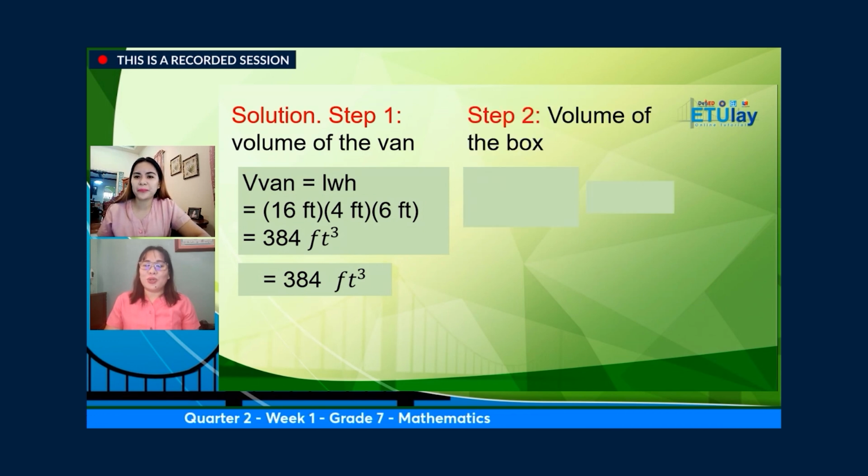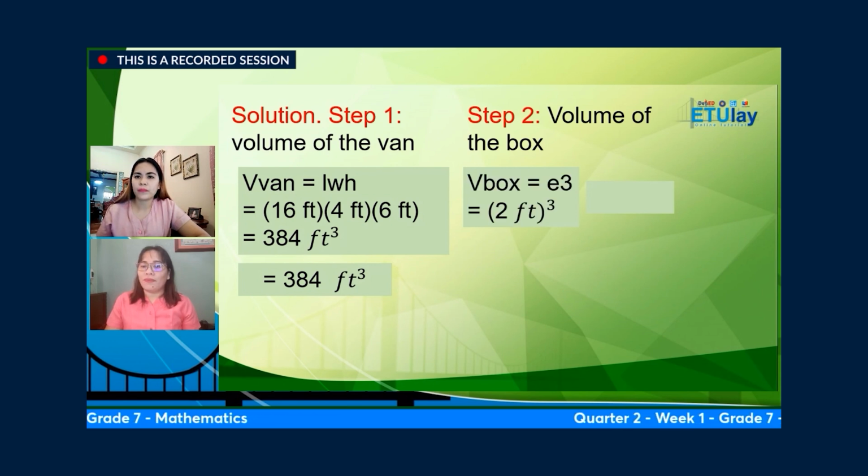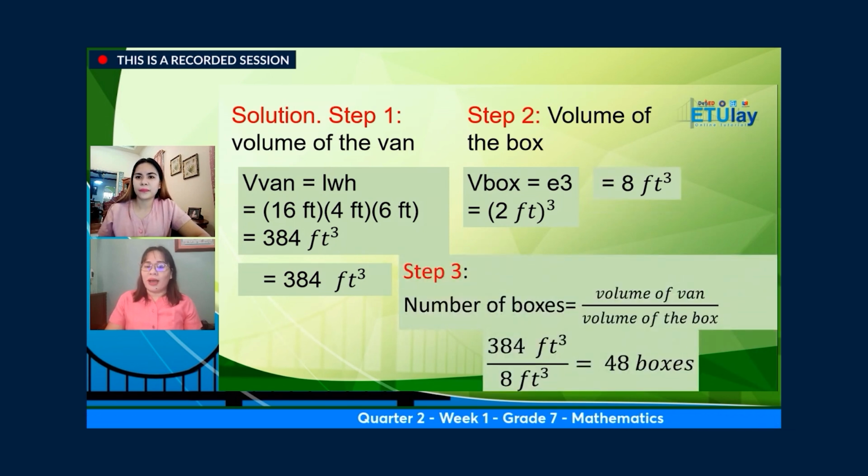Okay, let's do the second step. The second step, volume of the box. V box is equal to edge raised to 3. Substitution, 2 feet cubed is equal to 8 feet cubed. Good job for those who got the correct answer. For those who did not, don't worry.